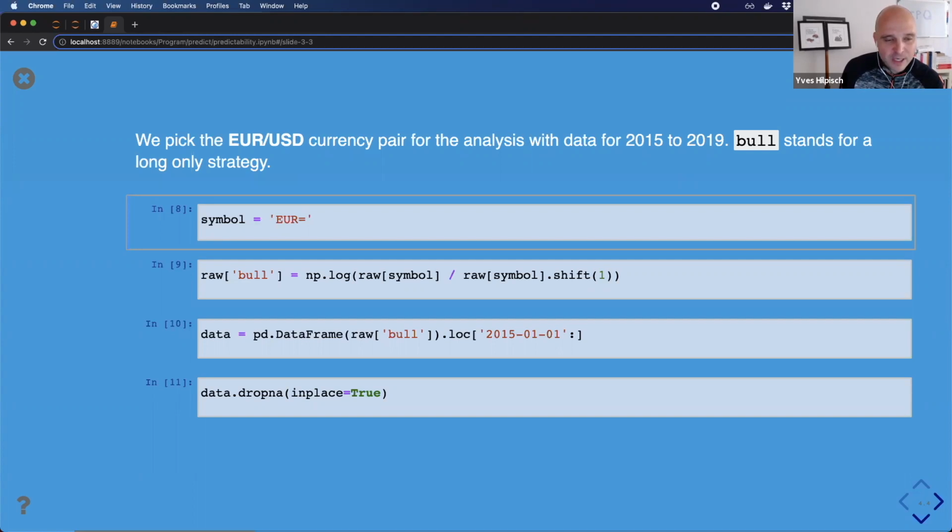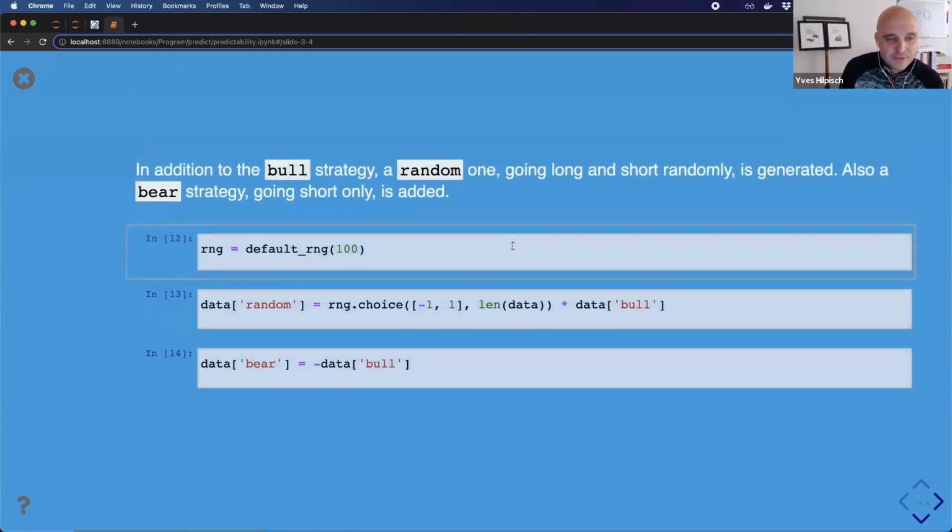Of course, we might know this is probably not the best strategy for euro US dollar, but I call it that way anyway. The second strategy that I introduced is a random one, where I simply take long and short positions in randomized fashion. This could be considered another benchmark, in the sense that tossing a coin decides which side of the market I take on.